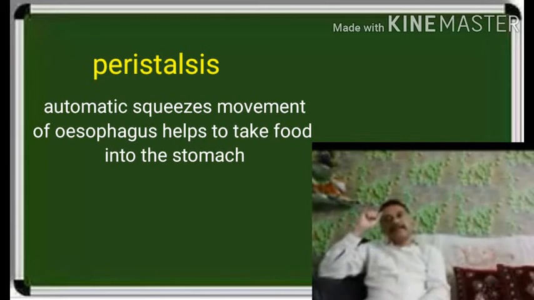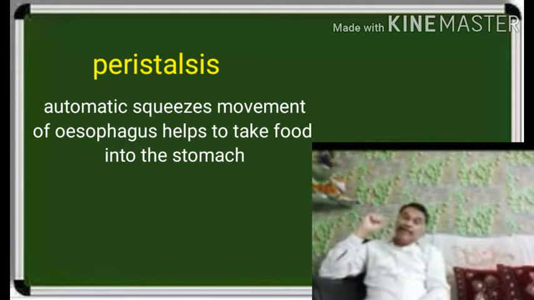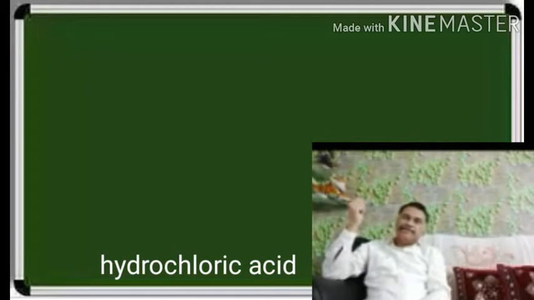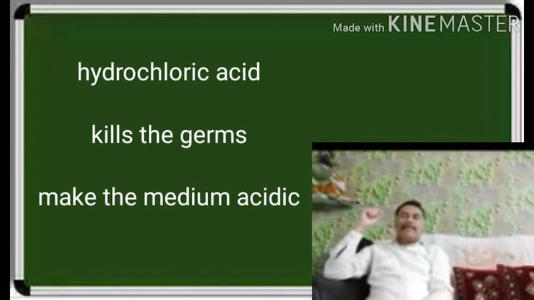What happens inside the stomach? When food enters the stomach, the wall of the stomach secretes some gastric juice, hydrochloric acid, etc. That hydrochloric acid mainly performs two functions.